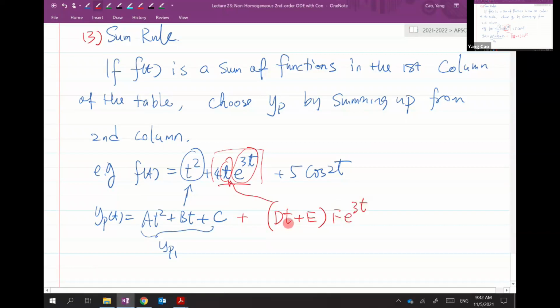However, because you already have constants d and e here, you don't really need an f anymore, because once you multiply the f into that bracket, it just becomes another constant. So you just have to multiply by a e to the power 3t here. So that's the second one, which you can call YP2.